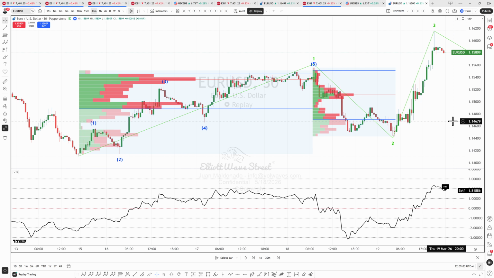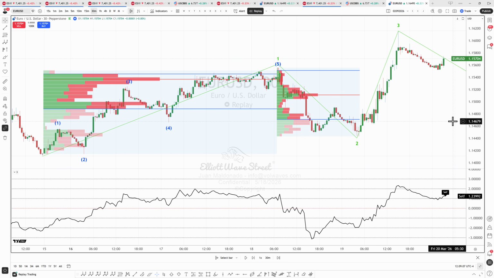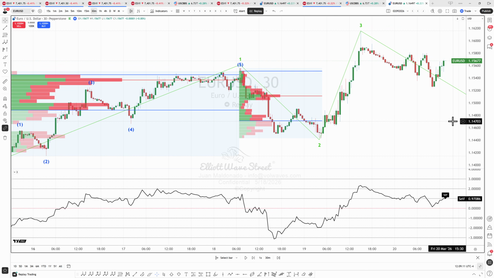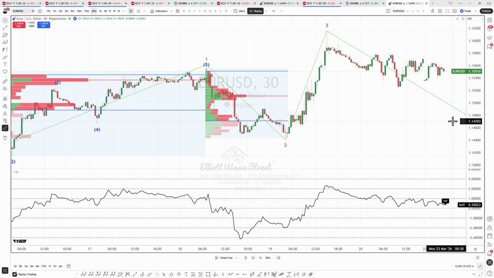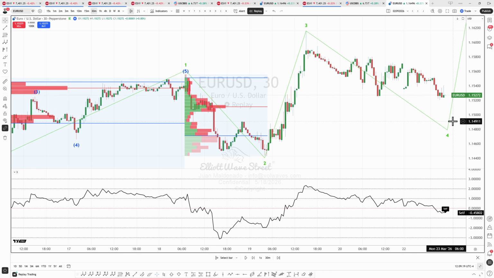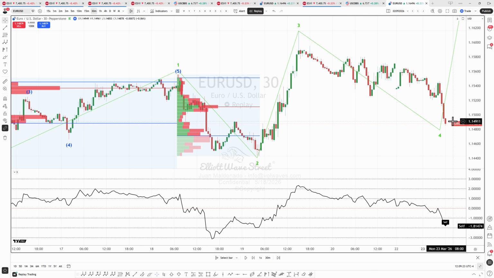So then the retrace starts in this example and starts moving back into the previous value area. That's going to be now for wave 4, and we can repeat the process as we did during wave 2 in order to find the end of wave 4 exactly the same. And this is a leading diagonal in this case.